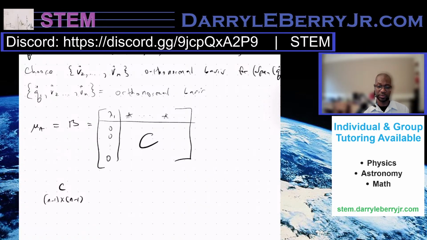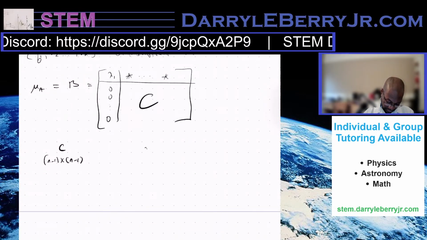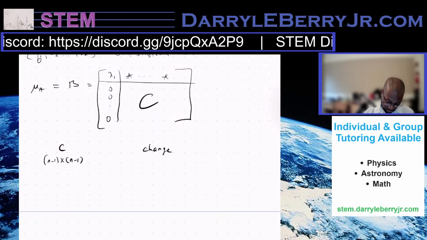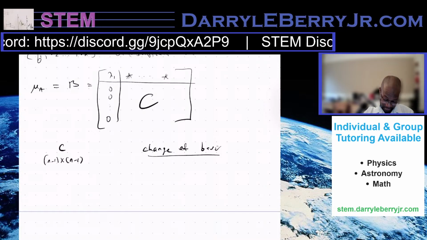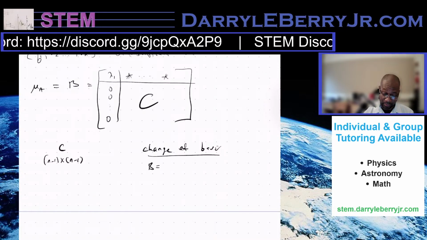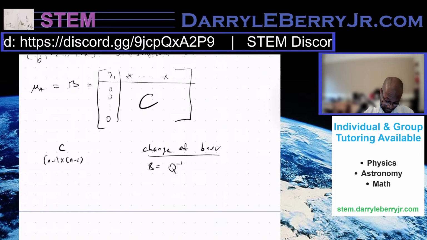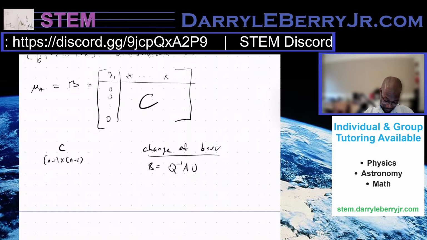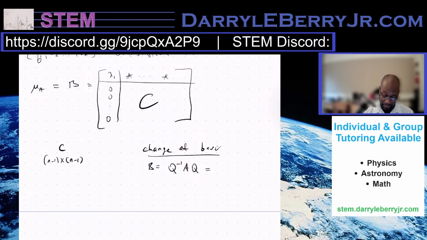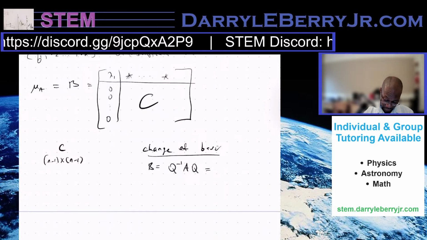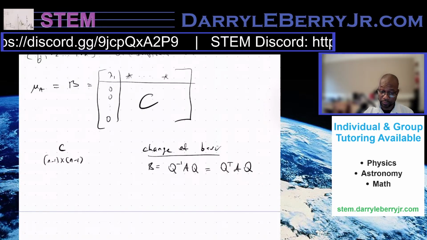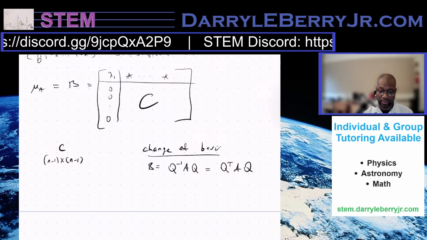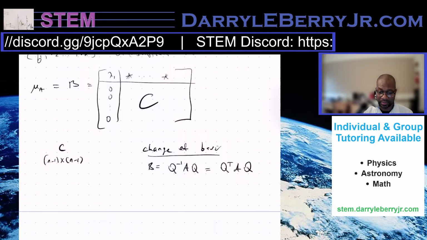And it's saying that we're using a change of basis formula, which is B equals Q inverse A Q, which equals Q transpose A Q, because Q is an orthonormal matrix.